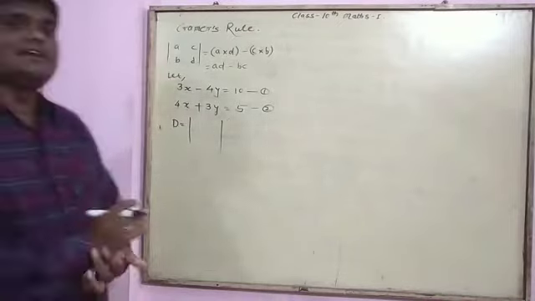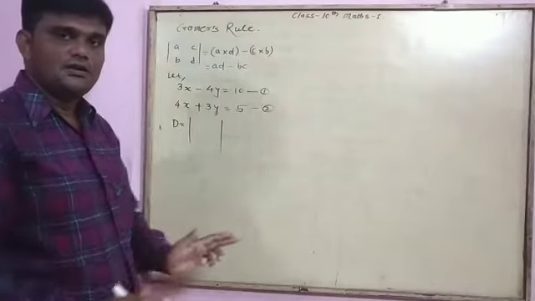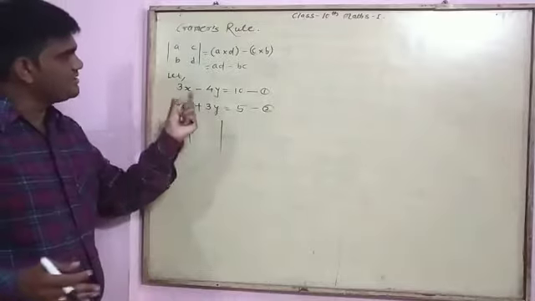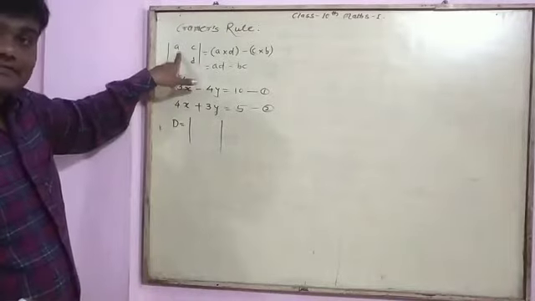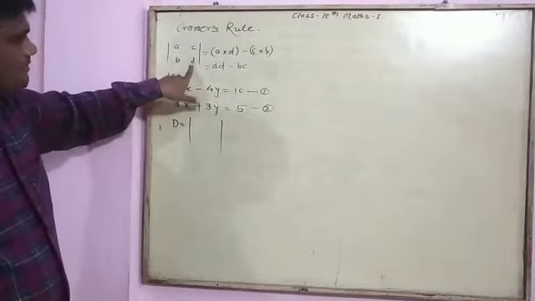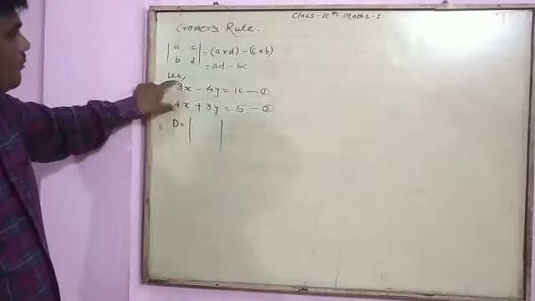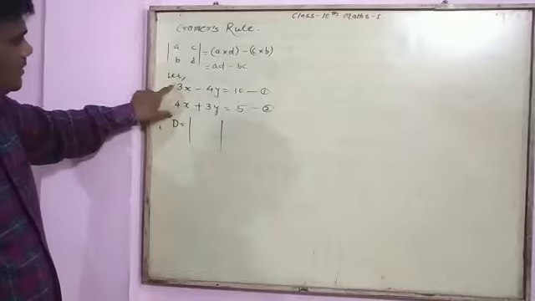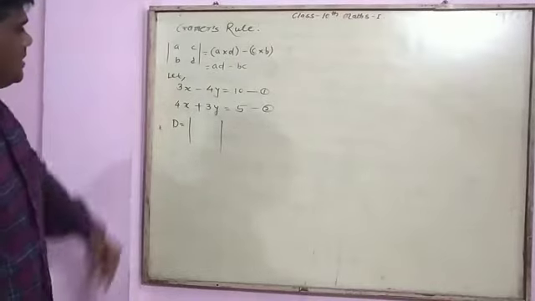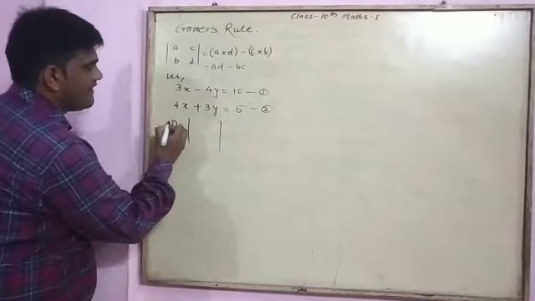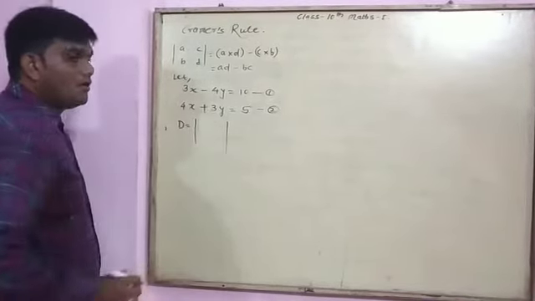Before that, you were already given the determinant in the last video, with the numbers already found. But from the given equations, we are going to find the value of D.